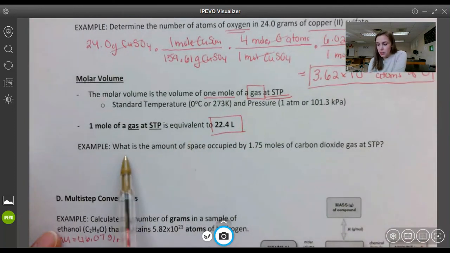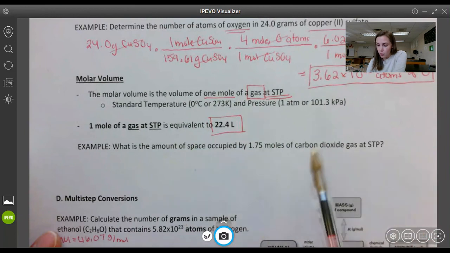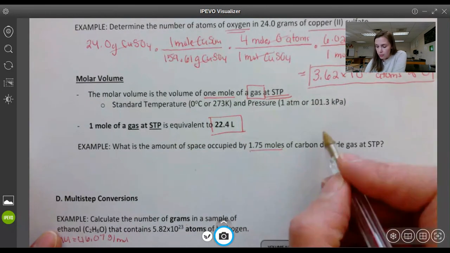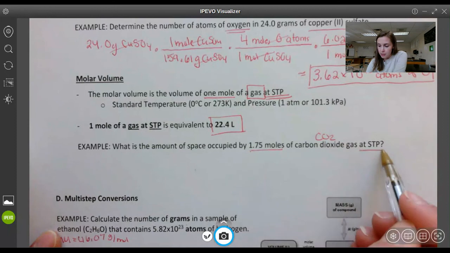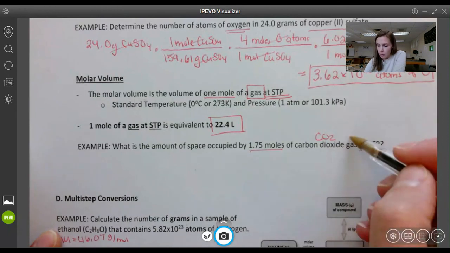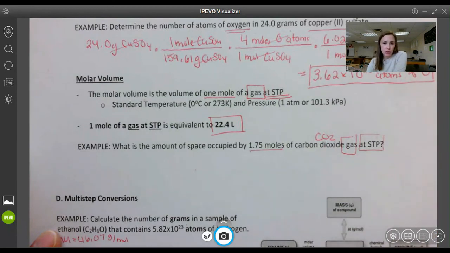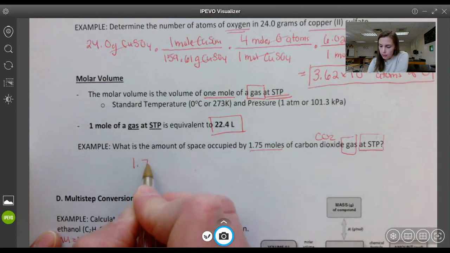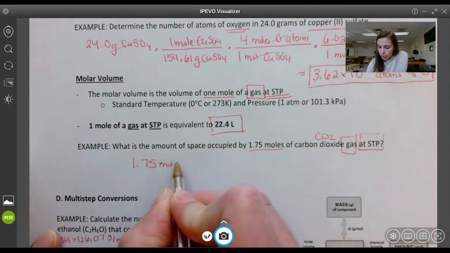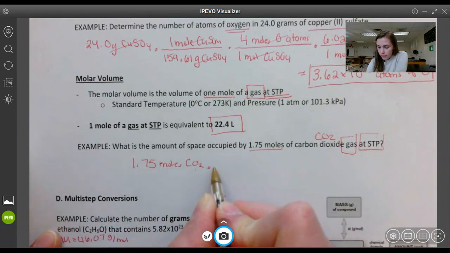So this just simply says what's the amount of space occupied by 1.75 moles of carbon dioxide gas at STP. So when I read this, I have to be aware that, again, I have my gas and it's at STP. So that would allow me to use moles to get to volume. So I would start with my 1.75 moles of CO2.